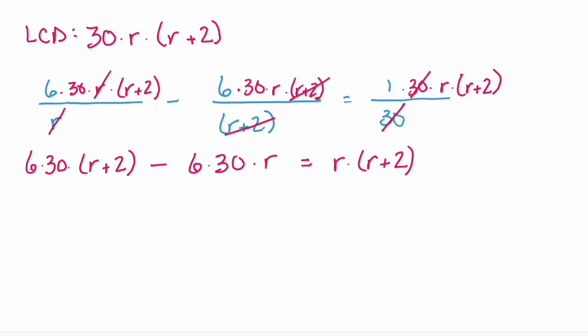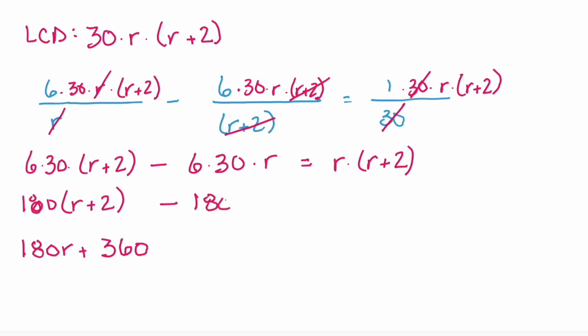The very first term, we have 6 times 30, which is 180, times r plus 2. We can distribute that 180 through. We get 180r plus 360. Minus the second term, 6 times 30, which is 180 times r. So 180r for the second term. And on the right-hand side, we distribute the r to get r squared plus 2r.